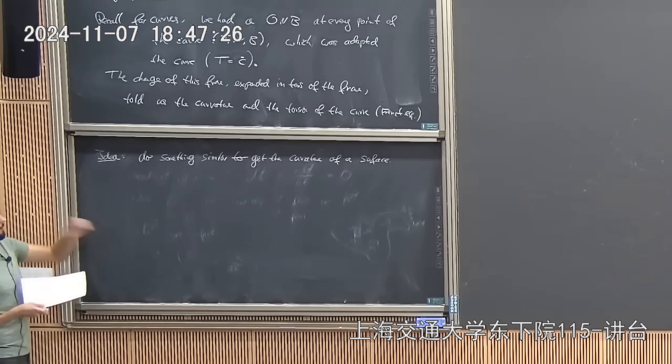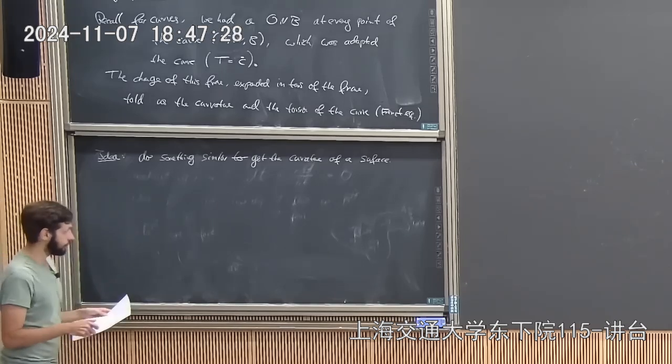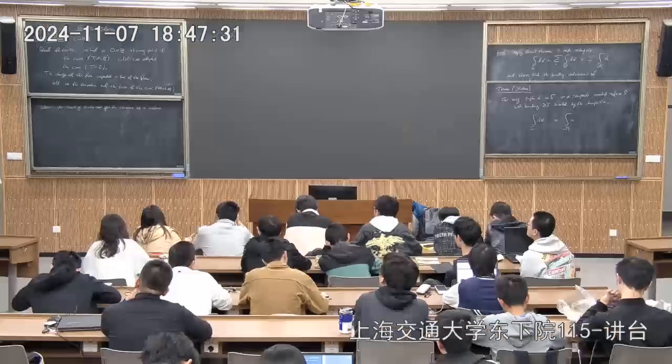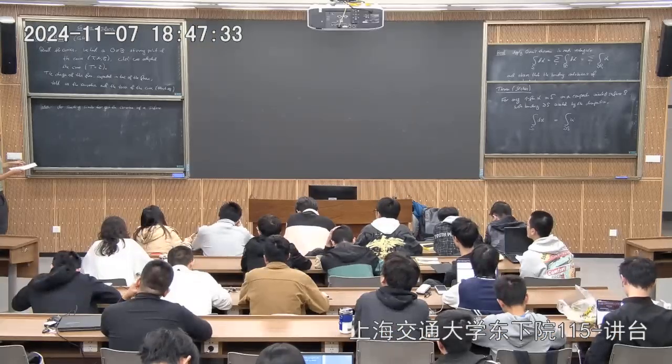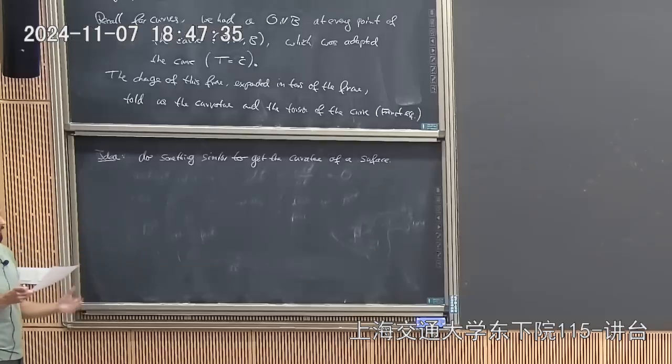So that's the idea. And in fact, it turns out that it's a good idea to look at a very general setting where we forget about the curve and the surface in the first place, and we just look at the frame in itself, and then in the second step think about what it means to be adapted to something.